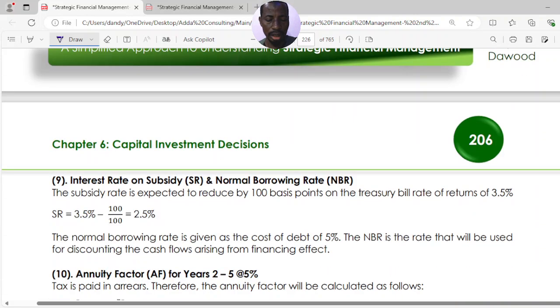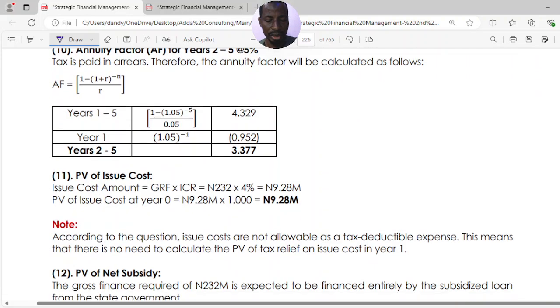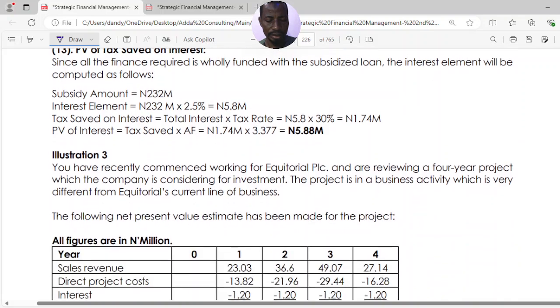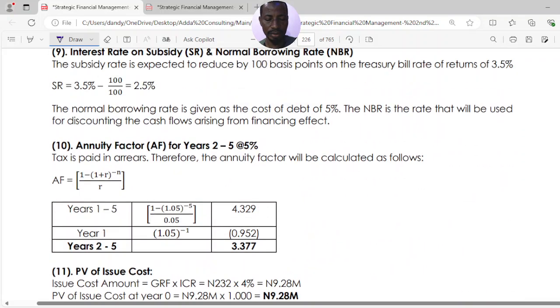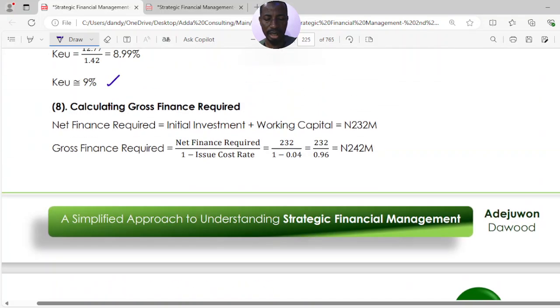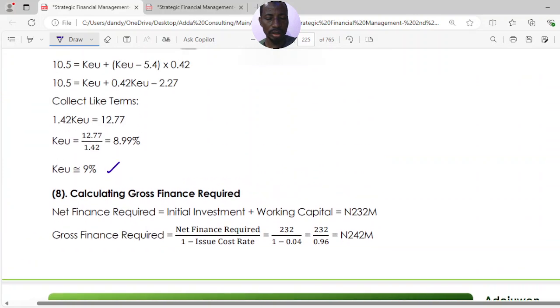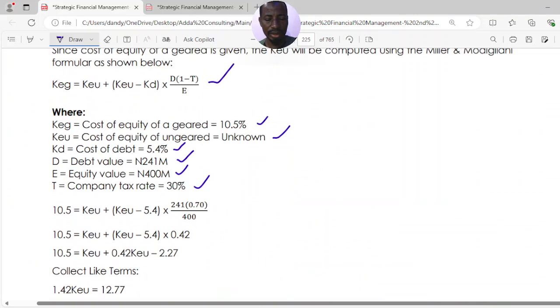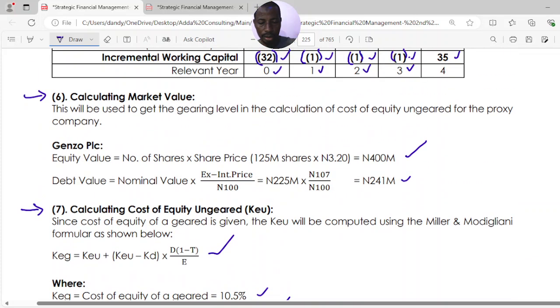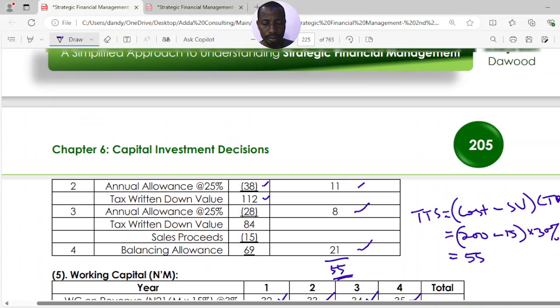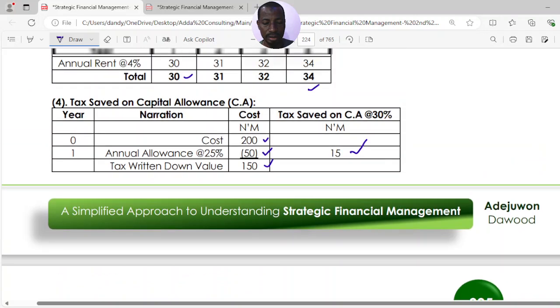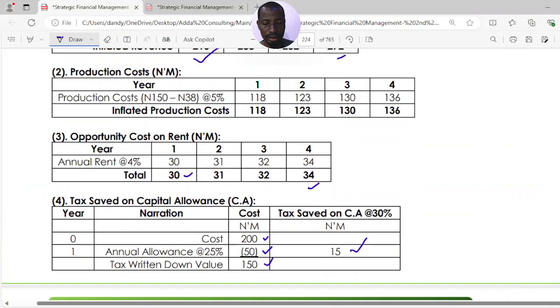However, the cost of borrowing in this case, I did not indicate it, but again, let us go and identify the cost of borrowing for the proxy company.